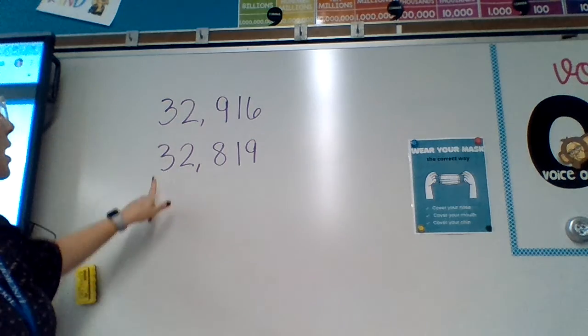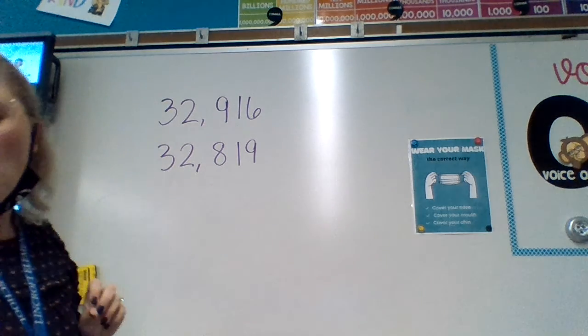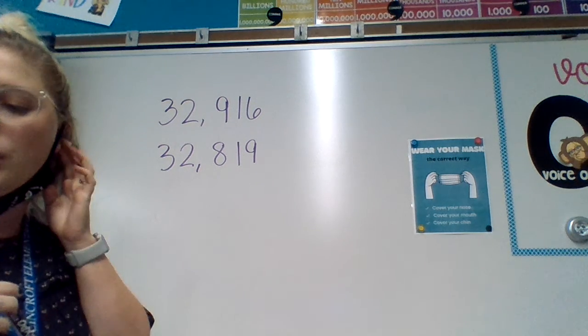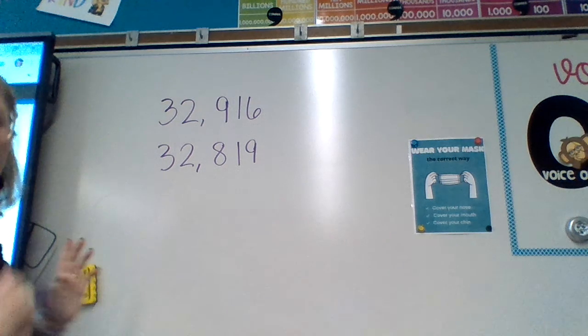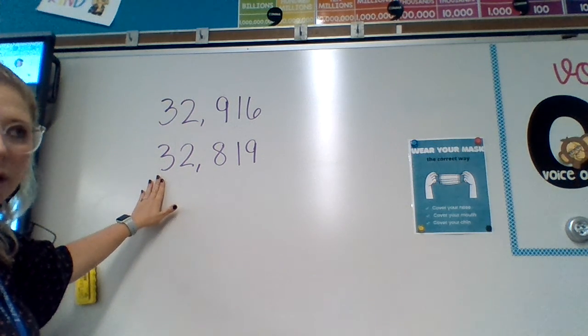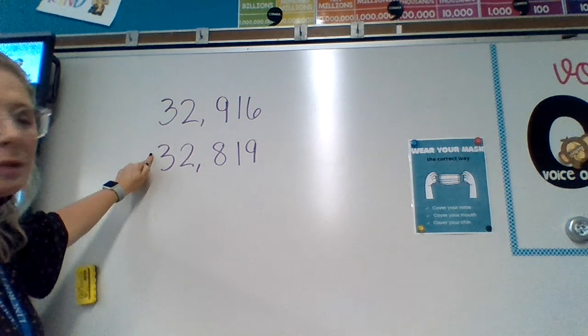You're going to write these two numbers in your notebook: 32,916 and 32,819. What we're going to do is write which place to use when we're comparing these numbers. First, I look at the largest place value. In this case, for both of these, it's the 10,000s place.